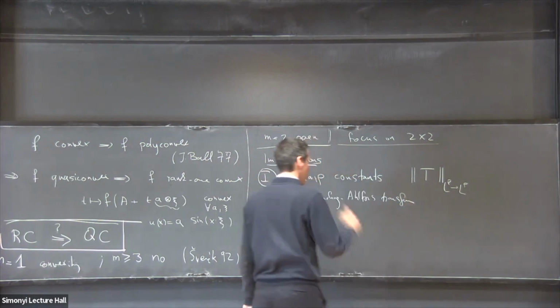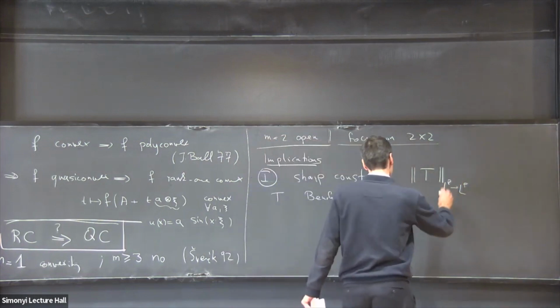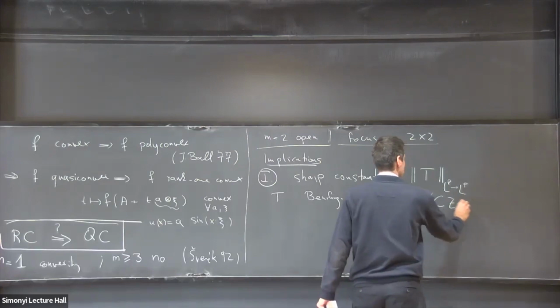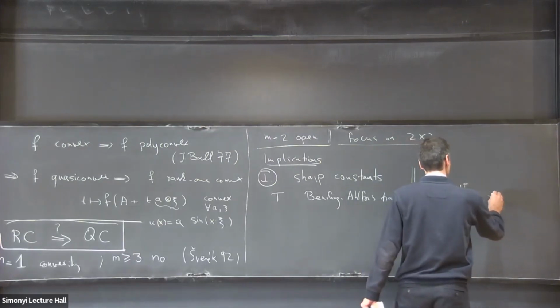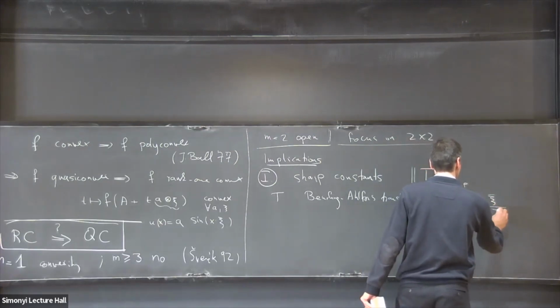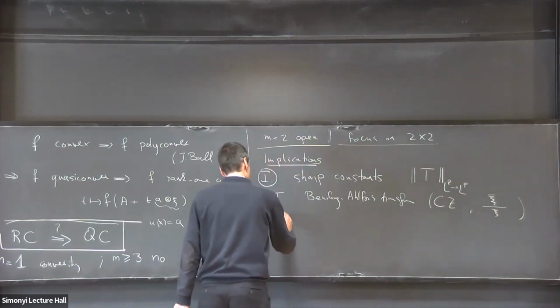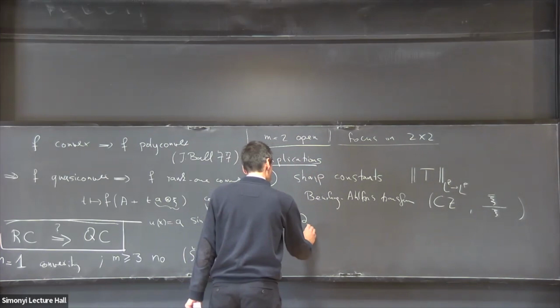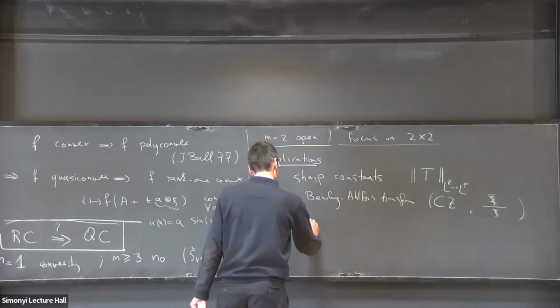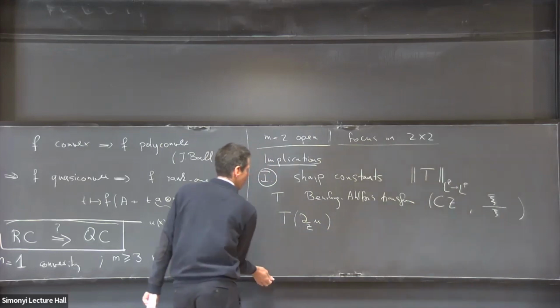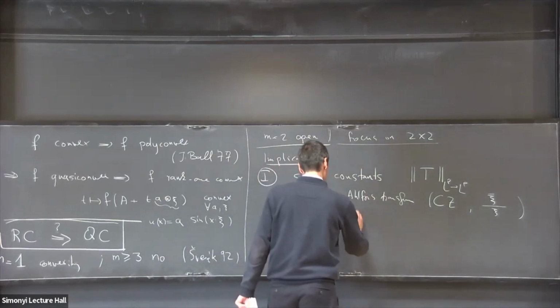transform on the plane, which is a Calderon-Zygmund operator and has a symbol which is psi bar divided by psi. And so it has the property that if you apply it to the z bar derivative of a complex function, it gives you the z derivative.